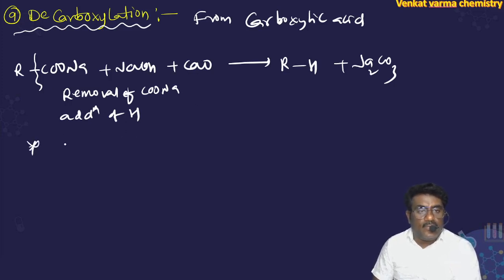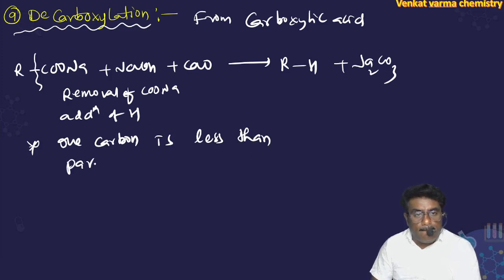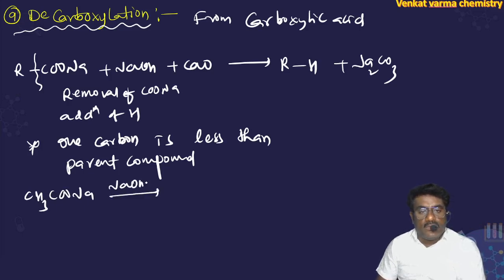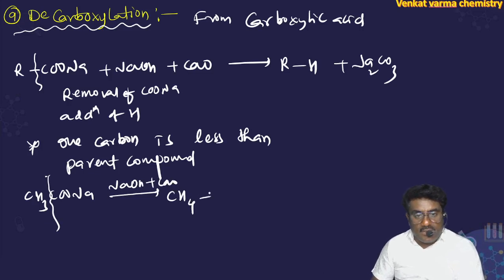Let me take one example: CH3COONa in the presence of soda lime, NaOH plus CaO. Very simple. Removal of COONa and adding of hydrogen gives CH4 plus Na2CO3.